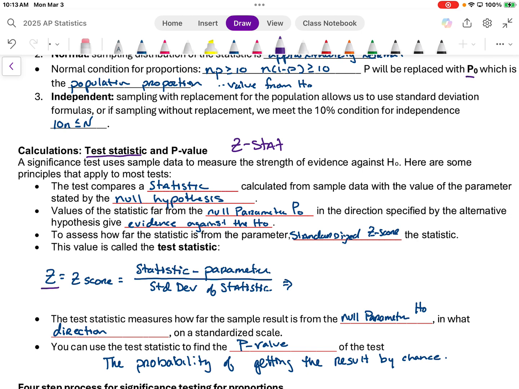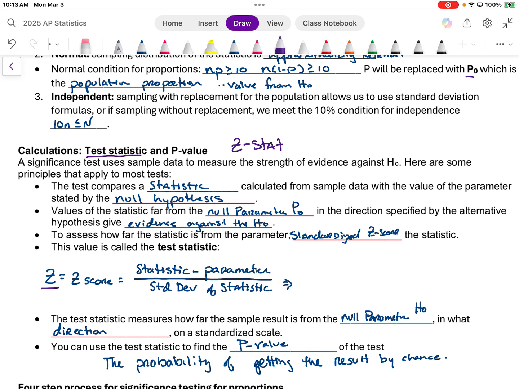In a significance test, you use sample data to measure the strength of the evidence against the null hypothesis, H0. Here are some principles that apply to most tests. One, the test compares a statistic calculated from sample data with a value of a parameter stated by the null hypothesis. Values of the statistic far from the null hypothesis in the direction specified by the alternative hypothesis give evidence against the null hypothesis.